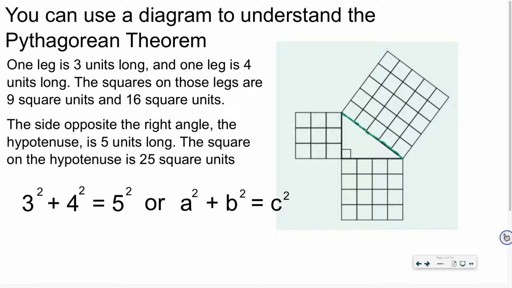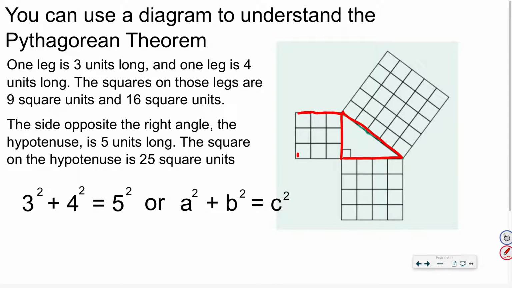Right, so we can use a diagram here, and you don't have to draw this visual, but I just want to show you, if we have this triangle here, this leg is actually 3 units long. This one is 4 units long, and here, this is 5 units long. If I calculated this leg squared, 3 squared is 9.